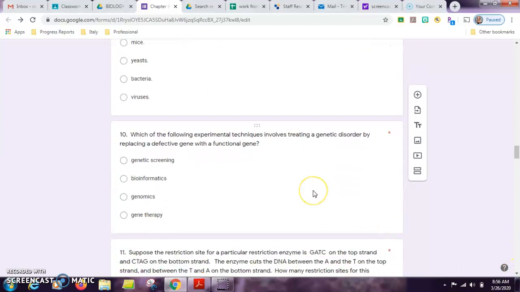Number 10. Which of the following experimental techniques involves treating a genetic disorder by replacing a defective gene with a functional gene? Genetic screening, bioinformatics, genomics, or gene therapy?